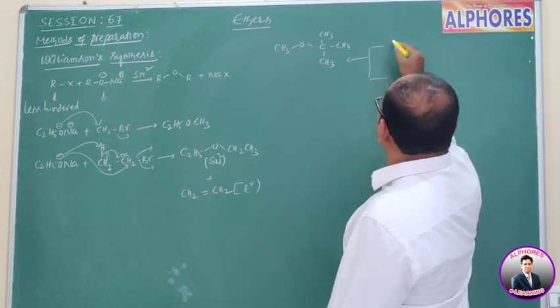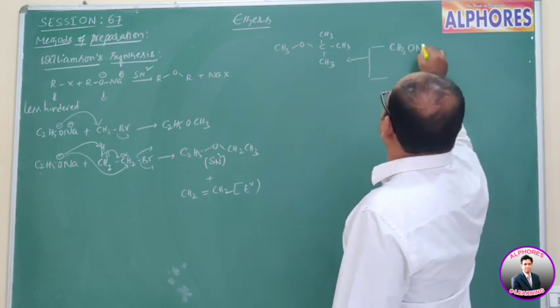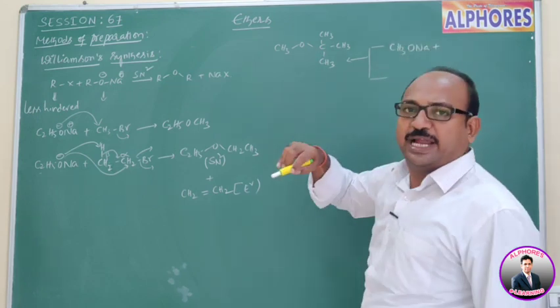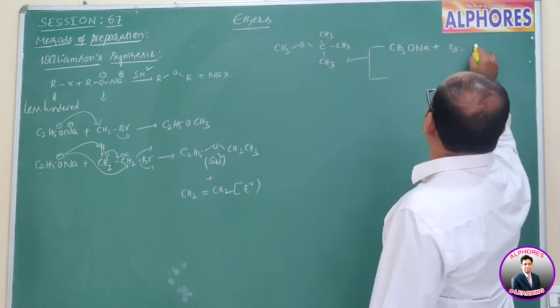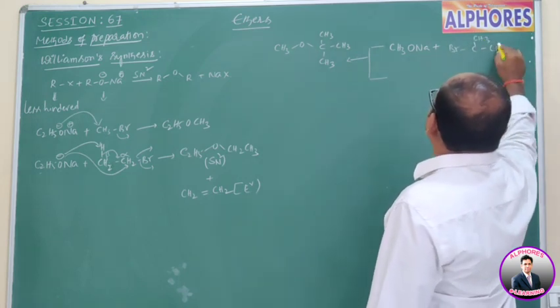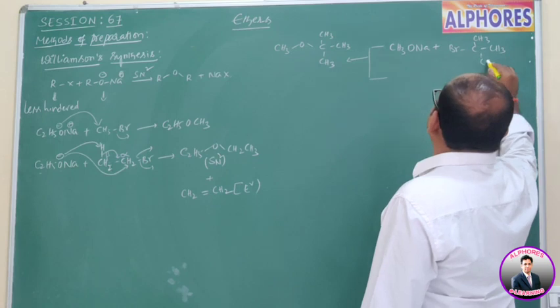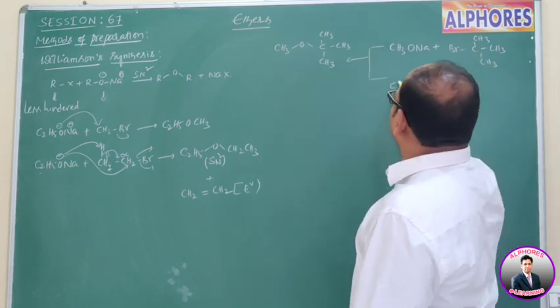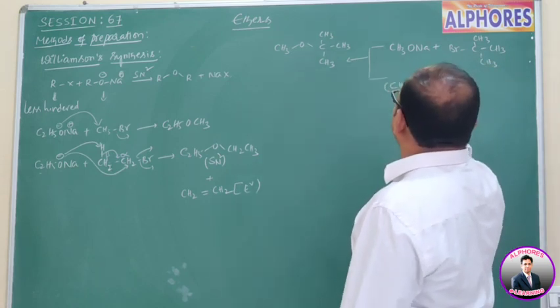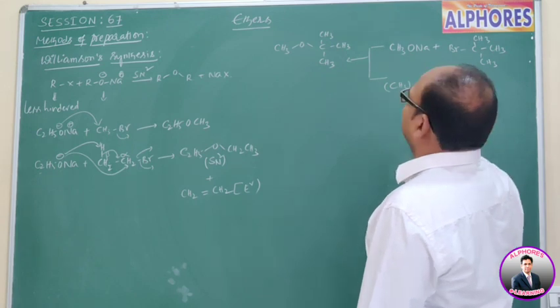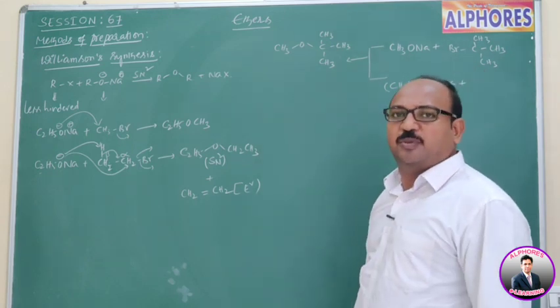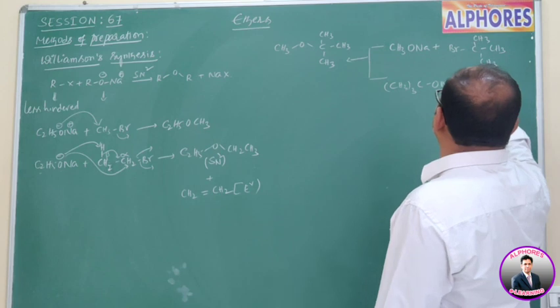The first type of reactant is CH3ONa, sodium methoxide, upon reaction with tertiary butyl bromide. And one more possibility: sodium tertiary butoxide or potassium tertiary butoxide with CH3Br.